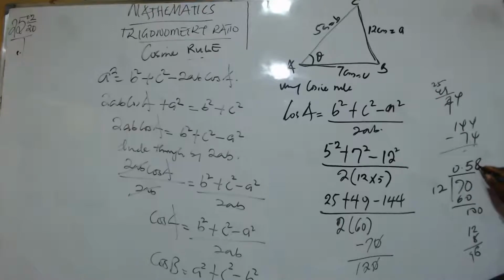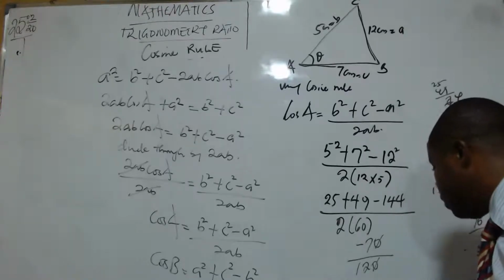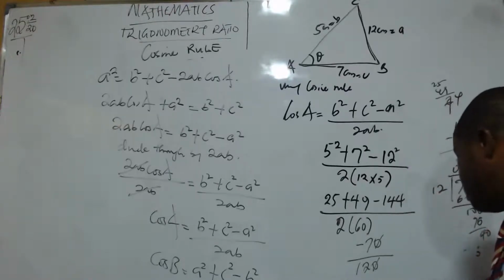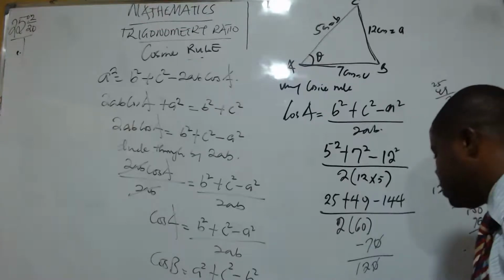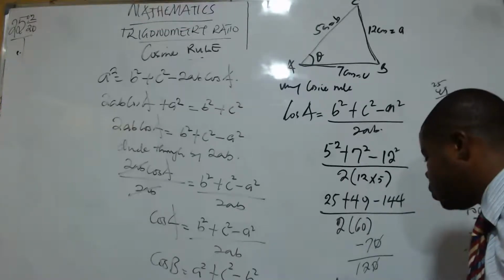We are going to have minus 0.58 equals cos A.